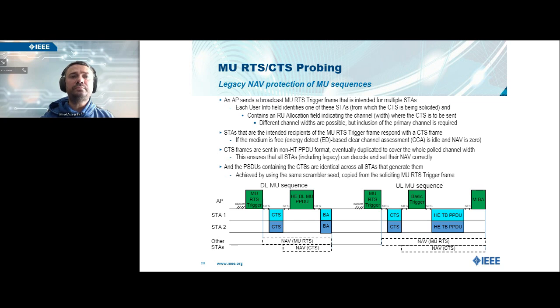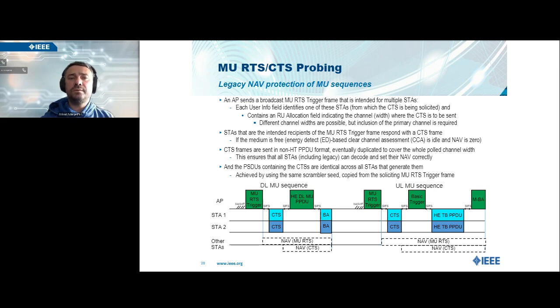And the stations, once they receive the MU-RTS trigger frame, will respond with a CTS frame if, of course, the medium is free. Free meaning that the energy detect CCA is idle, so you do not detect any energy in the channel, and also your NAV is zero, so essentially you're sure that nobody else from your neighboring stations has caused you to defer for a certain amount of time because there is an ongoing transmission.